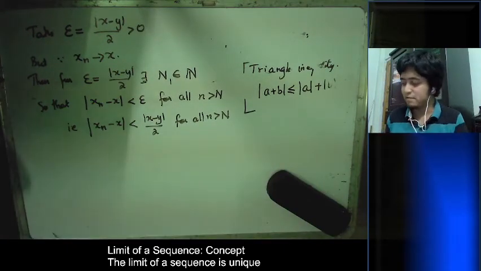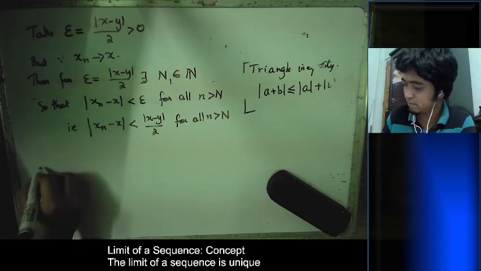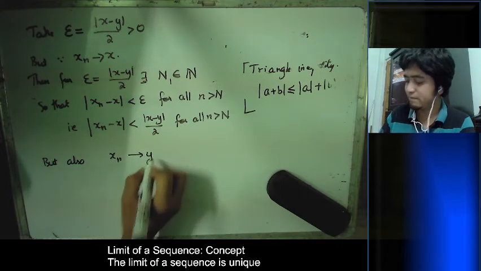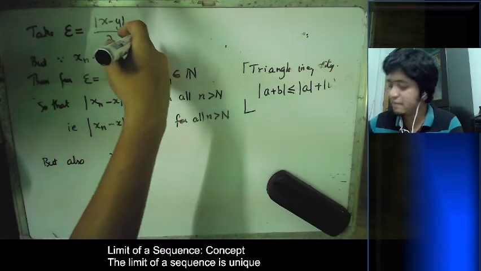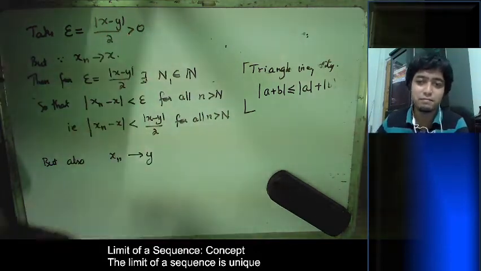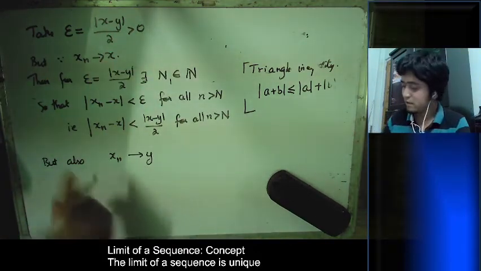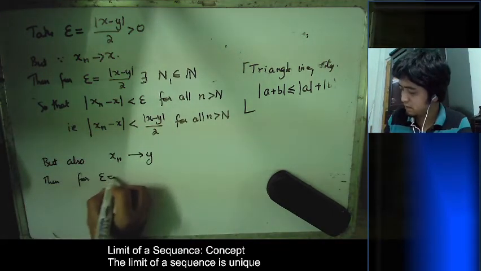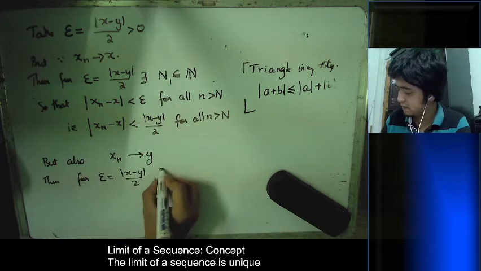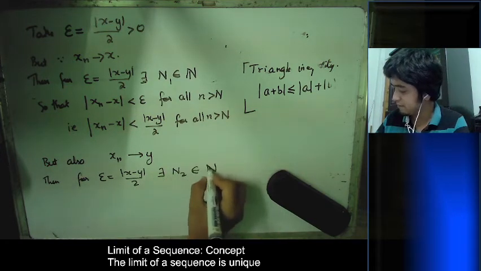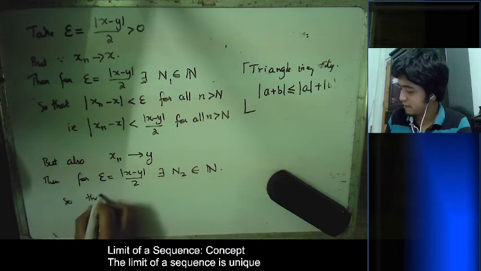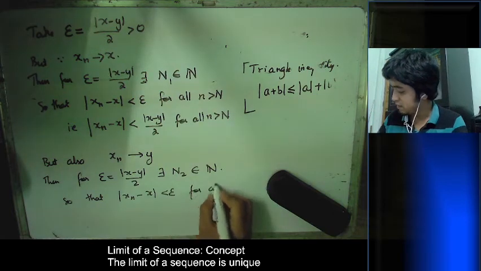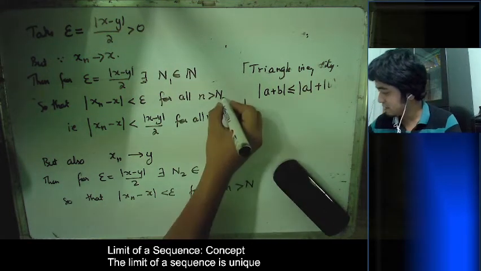So xn converges to x, but also xn converges to y, because we have assumed that x and y are the limits. Then similarly for epsilon, there exists n2 belongs to N, so that |xn minus y| is less than epsilon for all n greater than n2.